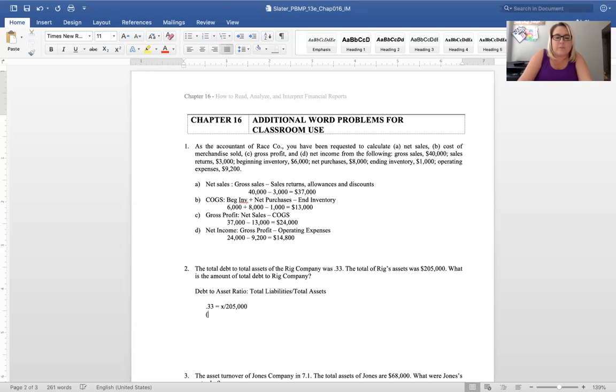So we need to multiply both sides times 205.